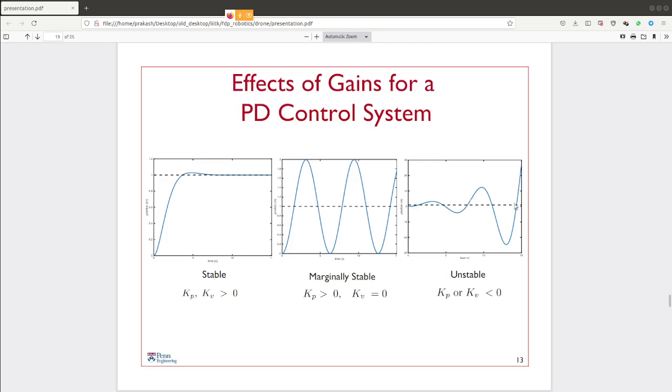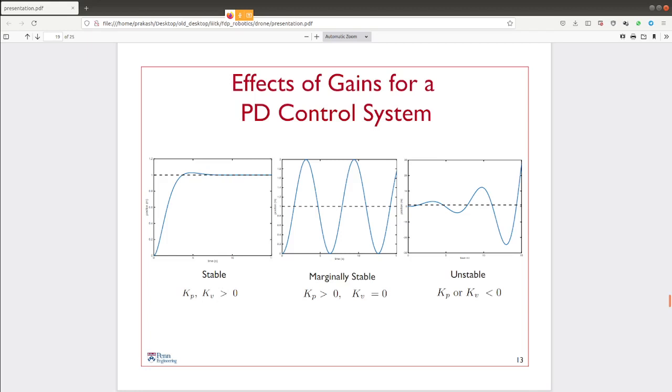This is the height which I want to achieve, but the system will just go up and down, go up and down, and keep doing this until it hits something. But here, it will just go and then smoothly come here. So this is a better option for the Kp and Kv values.